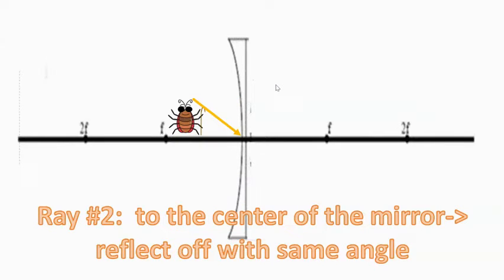Second ray is one that goes to the center of the mirror. And at the center of the mirror, the slope of the mirror is completely vertical, which means the light ray is just going to bounce off at the same angle it came in. So that's easier to draw than most rays. And then we'll continue the reflected ray out to its virtual part.